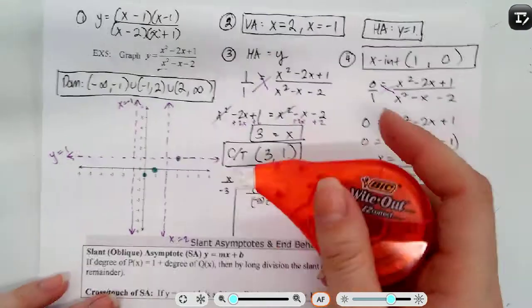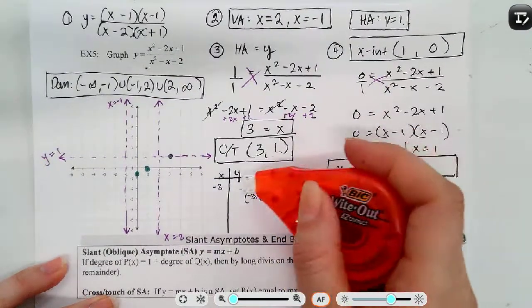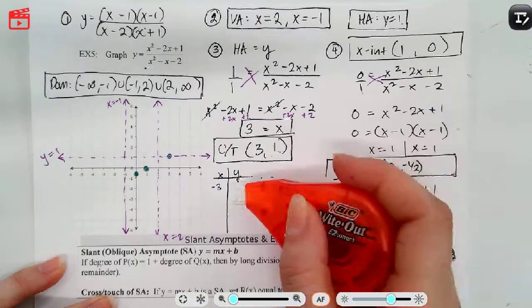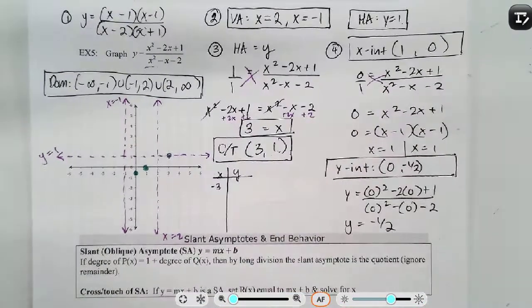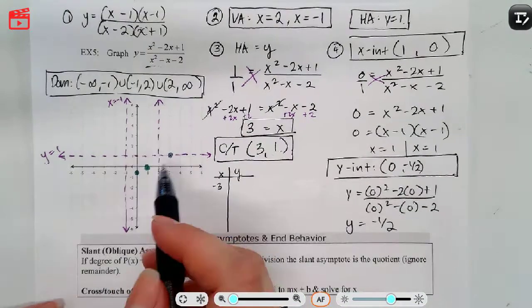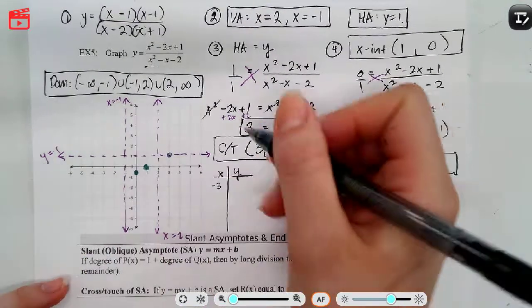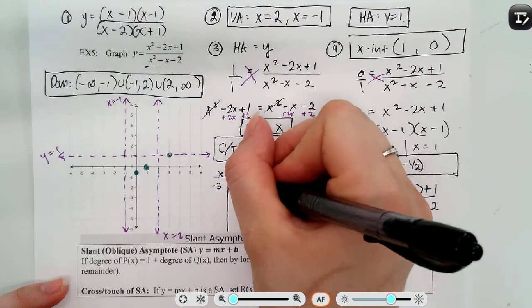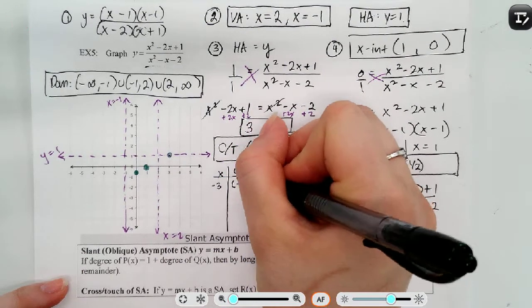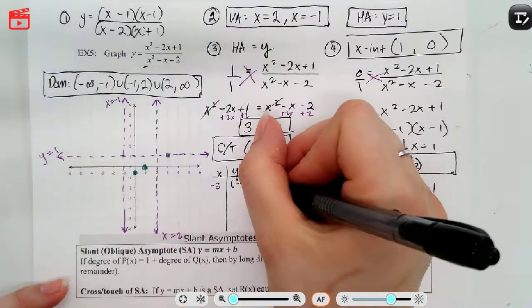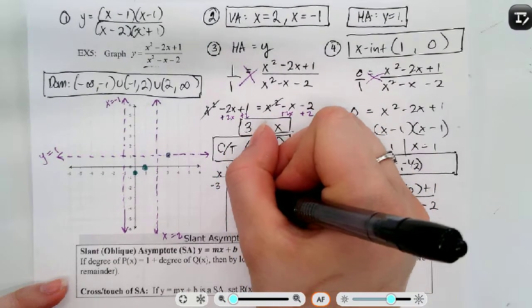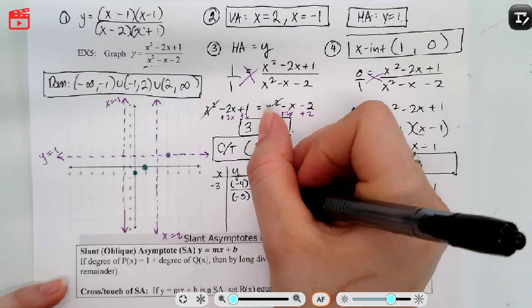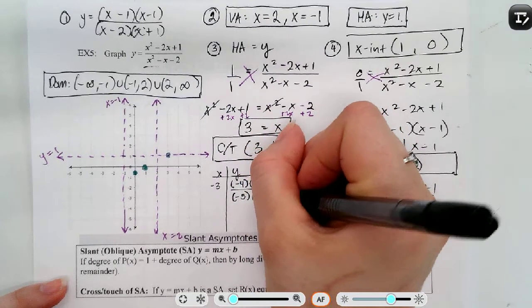Wait, I need to do this one again. Alright, let's do this again. So we pick the x value of -3. Plugging this in, that's going to be -3 minus 1, so it'll be -4. Then another -3 minus 1 would be -4. Then -3 minus 2 would be -5. -3 plus 1 is going to be -2.